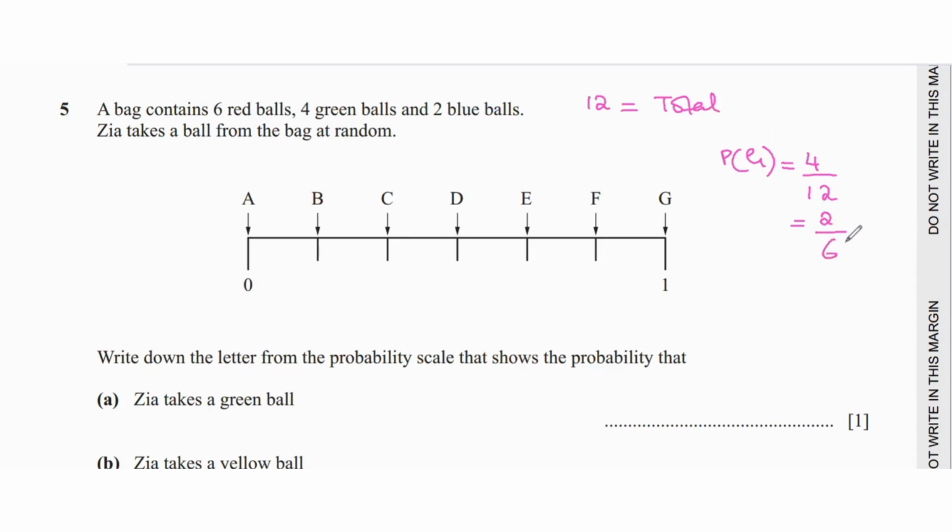The reason I'm simplifying it to 2 over 6 is that if you look at the scale, there are 1, 2, 3, 4, 5, 6 total divisions. So this is 1 out of 6, this is 2 out of 6, 3 out of 6, 4 out of 6, and 5 out of 6. So in this case, 2 out of 6 is at C.